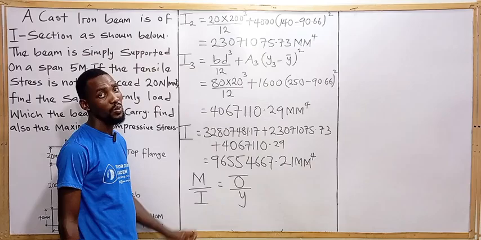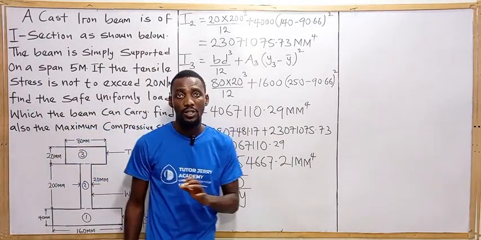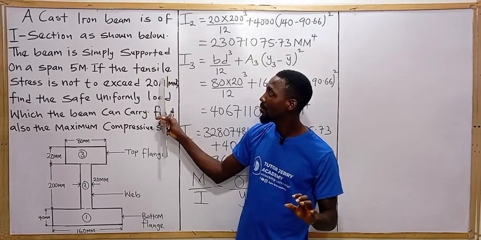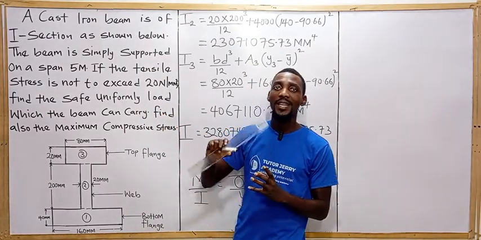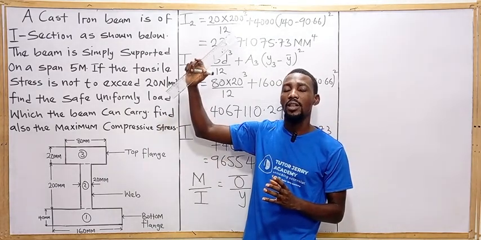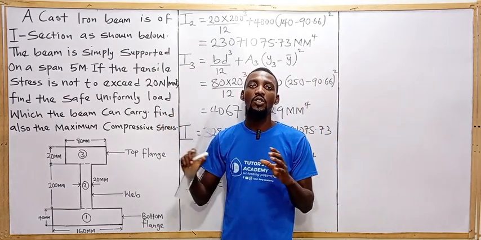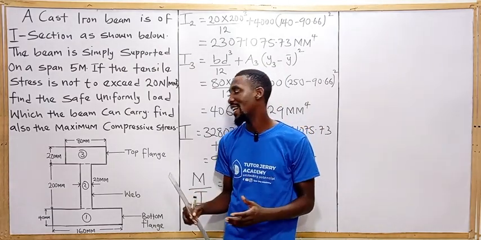This is our Y max. It can be tensile or compressive. In this question, if you have your simply supported beam, we know that the top part of our simply supported beam is subjected to compressive stress, while the bottom part is subjected to a tensile stress.